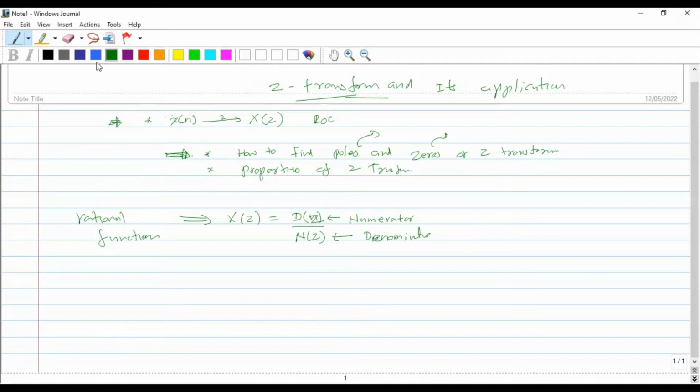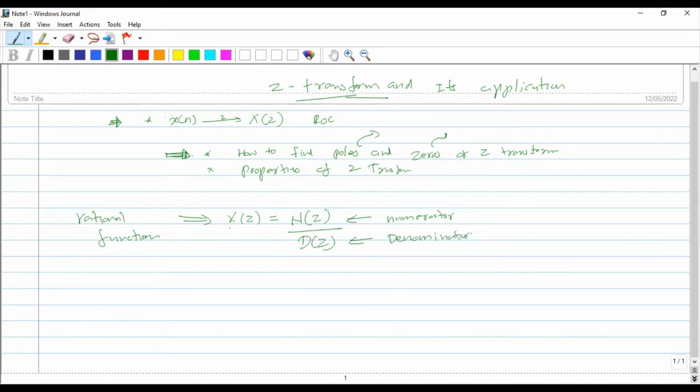So here we have a numerator, and here we have a denominator. This is the numerator, and this is the denominator.